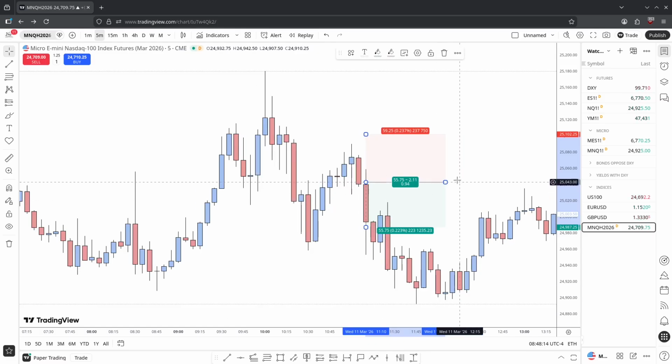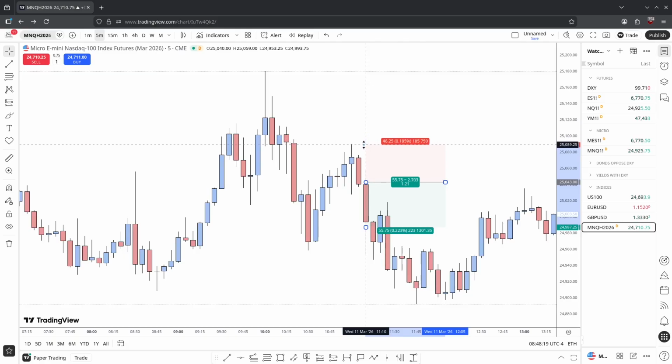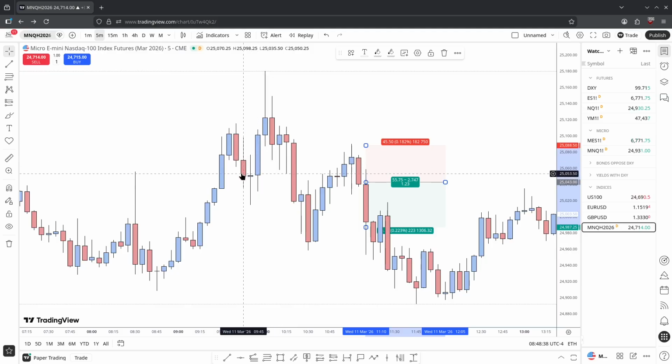So there was the entry. The stop was sitting roughly about here, at the inversion. Okay, so this was a 0.18% stop I had on this trade. Looking at price right into the breaker block here, into this inversion.